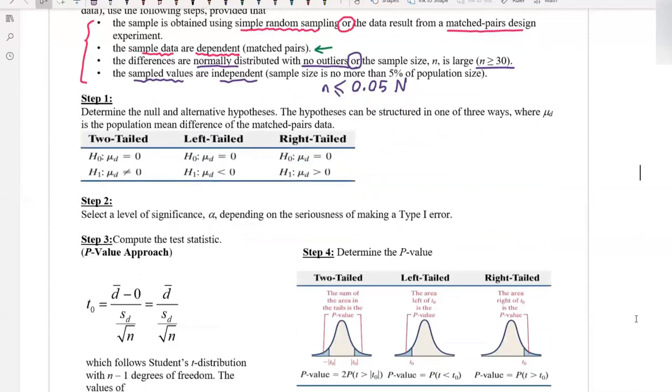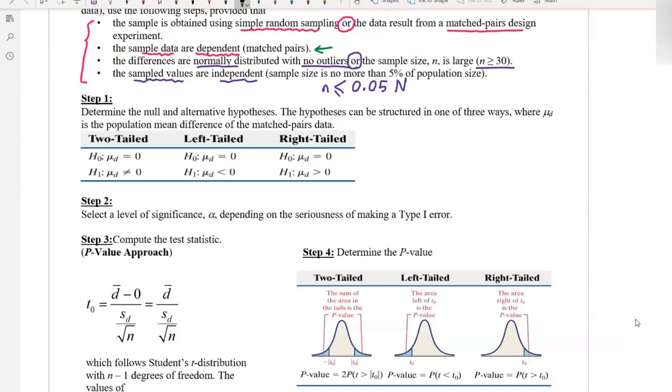And after those requirements, now test hypothesis. Step 1, as always, we have two tail, left tail, right tail. So our null, we always have this mean of differences. This D is difference between data. By working on an example, you can see what that is.